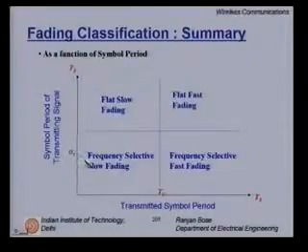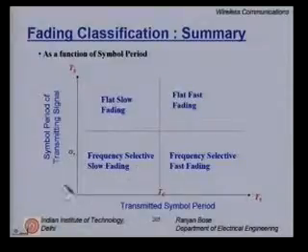On the y axis, again we have the symbol Ts, and this line marks the RMS delay spread. So, if your Ts is larger than the root mean square delay spread, you are in the domain of flat fading. And at the same time, if your Ts, the symbol time, is greater than the coherence time, then you enter the domain of flat fast fading. Similarly, you have the other options.